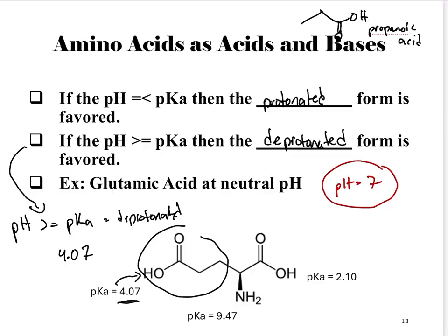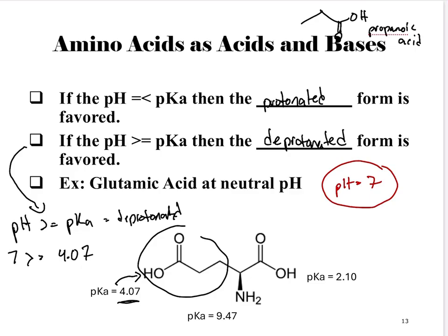And what's the pH of the solution? 7. So is it greater than or equal to or less than or equal to? The pH is greater than the pKa, right? If you're saying in your head that the pKa is less than the pH, then that also makes sense.